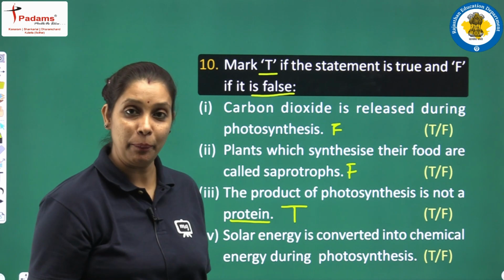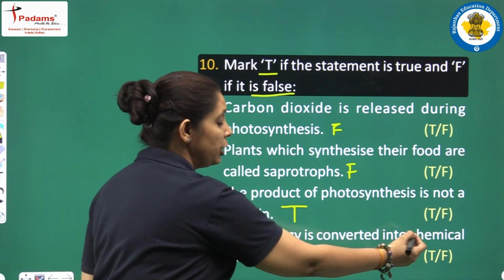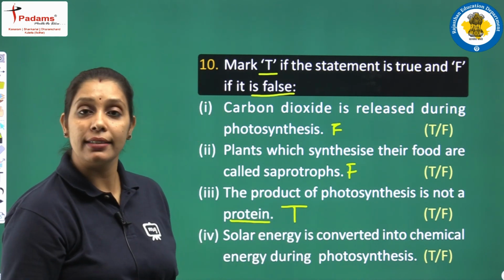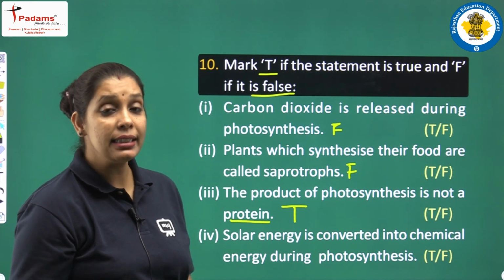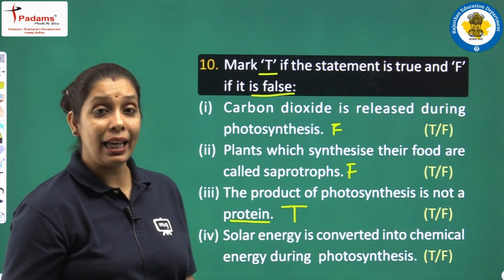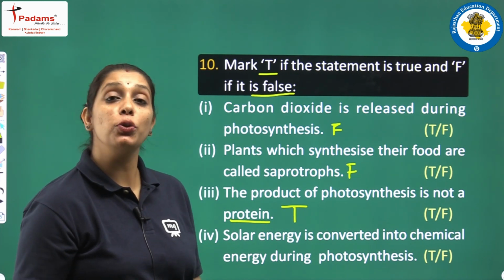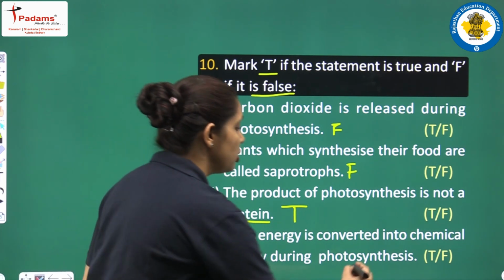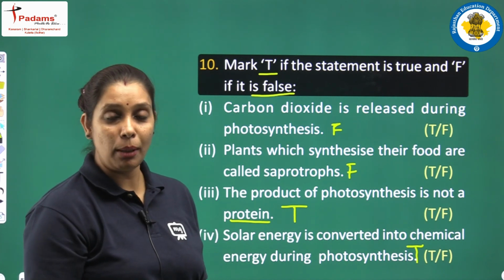This is correct. Next one, solar energy is converted into chemical energy during photosynthesis. Yes, it's true. Dear, while the plants are doing photosynthesis, they convert sunlight into energy. Okay, so we can say photosynthesis is a biochemical reaction. It is true. In this way, true, false are complete.